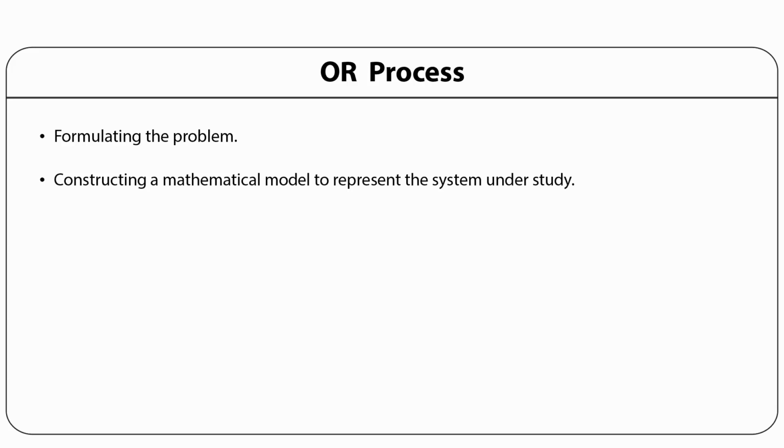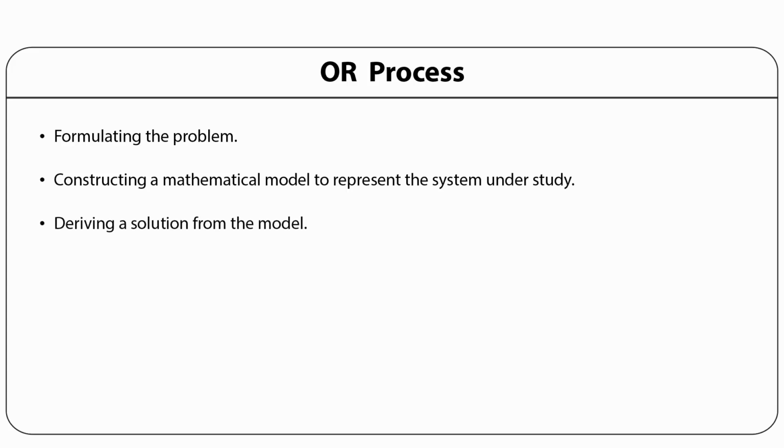OR process. After knowing about OR, let's now take a look at the operations research process. In fact, there are some 7 or 8 steps to the OR process. It starts with formulating the problem. Then the second step is constructing a mathematical model to represent the system under study.